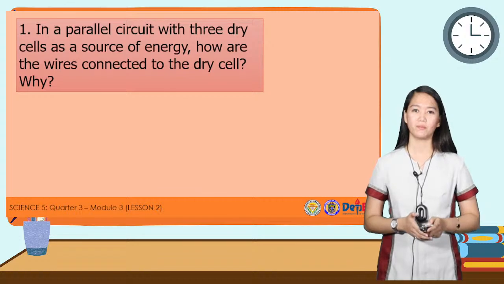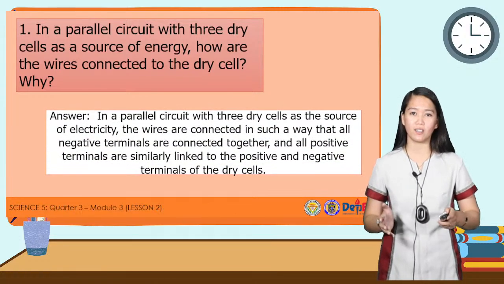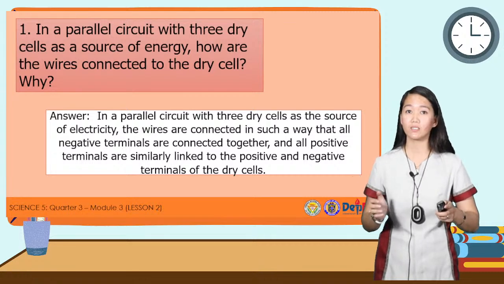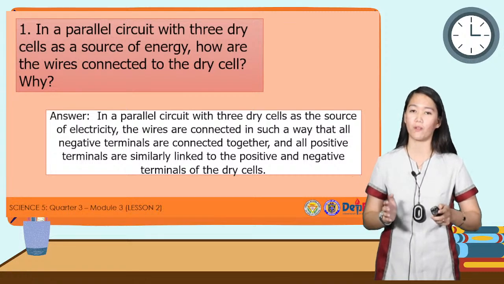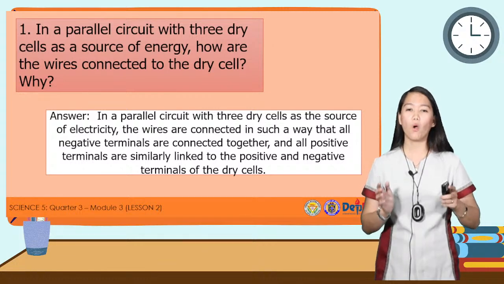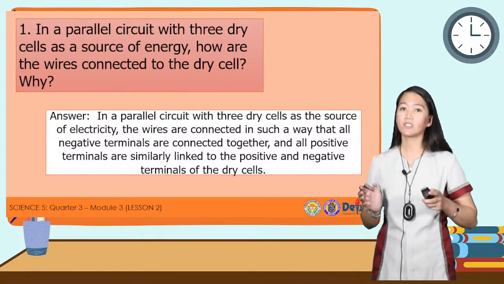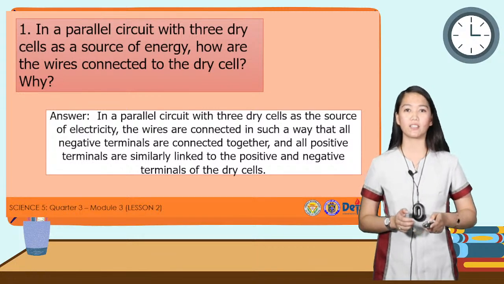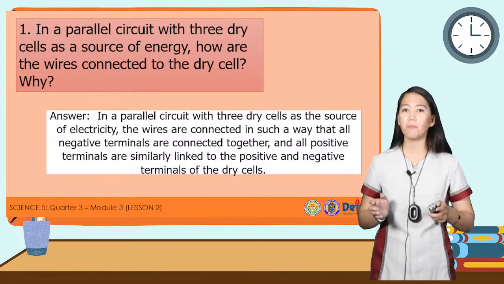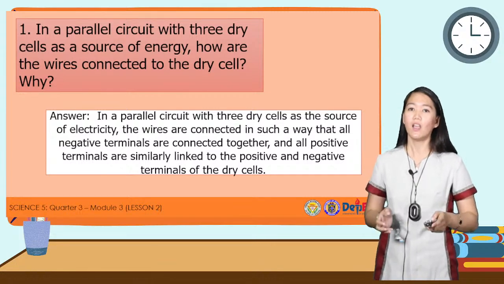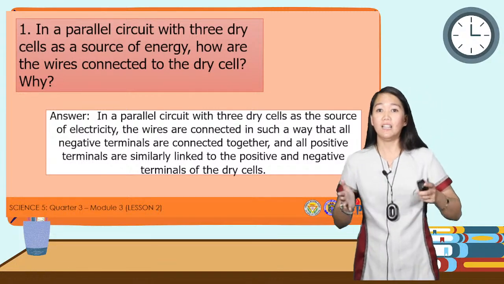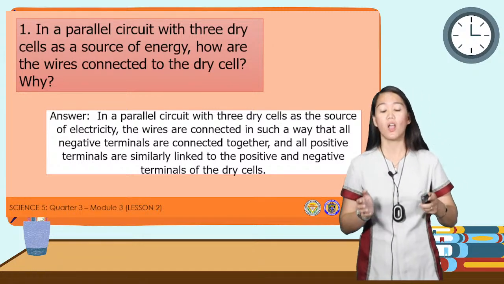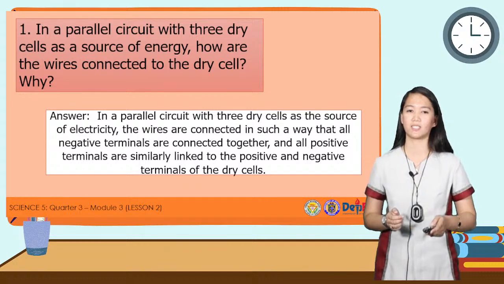If your answer is this: in a parallel circuit with 3 dry cells as the source of electricity, the wires are connected in such a way that all negative terminals are connected together and all positive terminals are similarly linked to the positive and negative terminals of the dry cells.